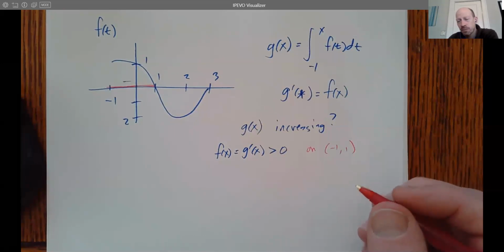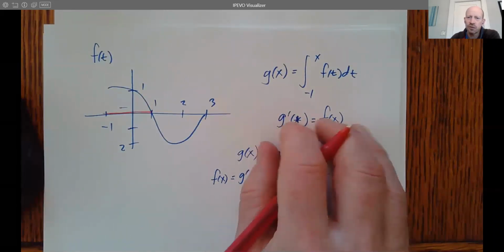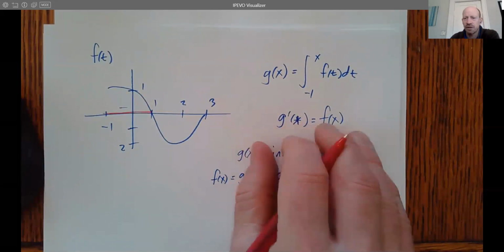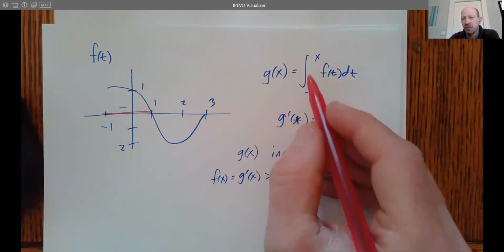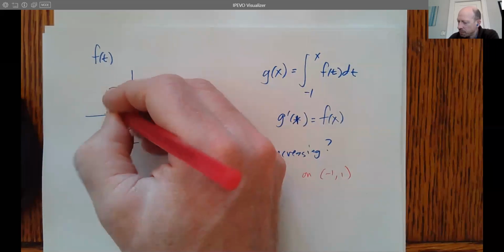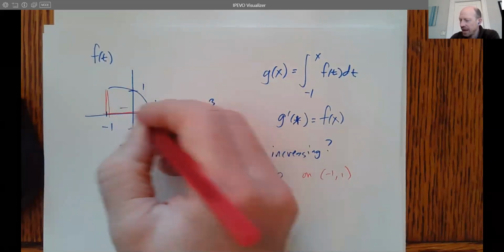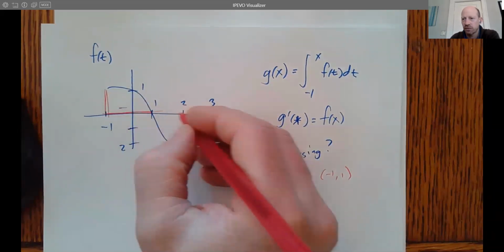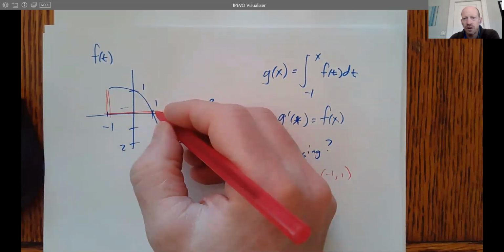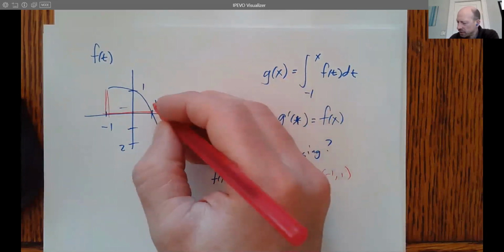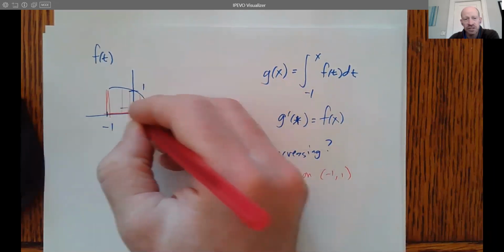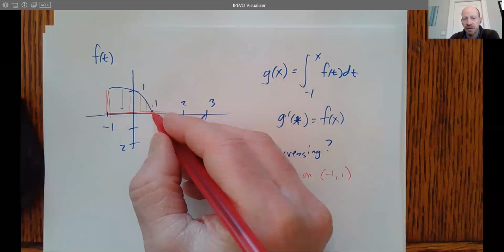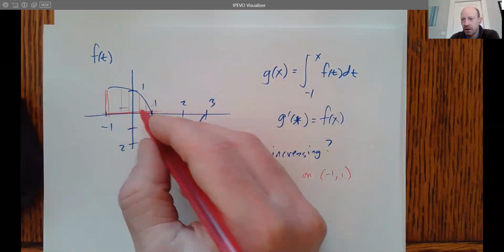You can also approach this problem by not thinking so much about the derivative and the function, but really just thinking about what g of x is. g of x is the area from minus 1 out to x, wherever x falls. And so we know from area that as long as x is in here, the function is getting bigger and bigger because I'm gathering more and more area.